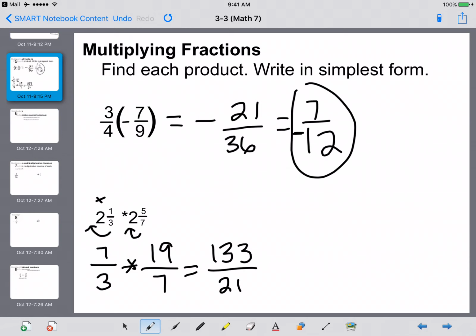We're going to see how many times 21 goes into 133, and that's 6. And 21 times 6 is 126. Then left over we have 7/21.